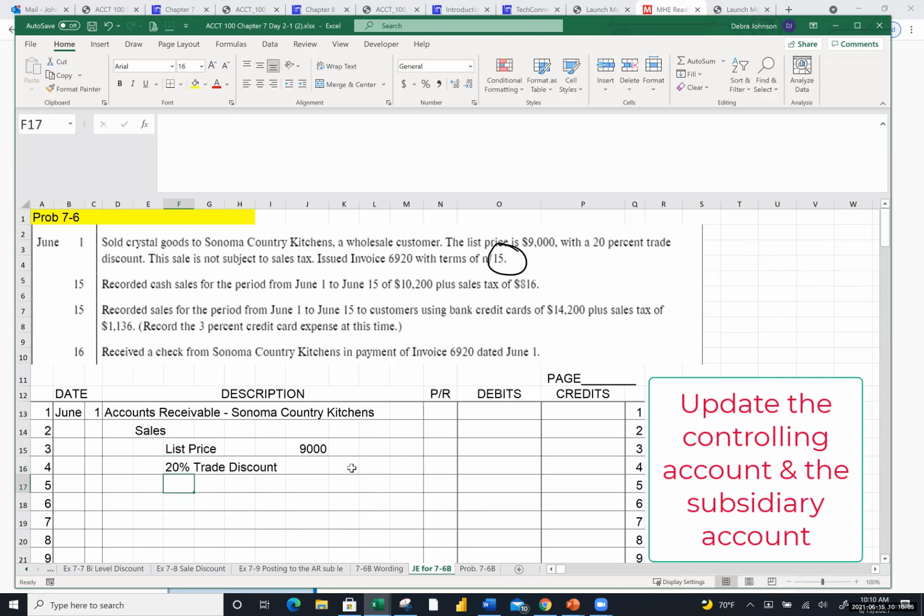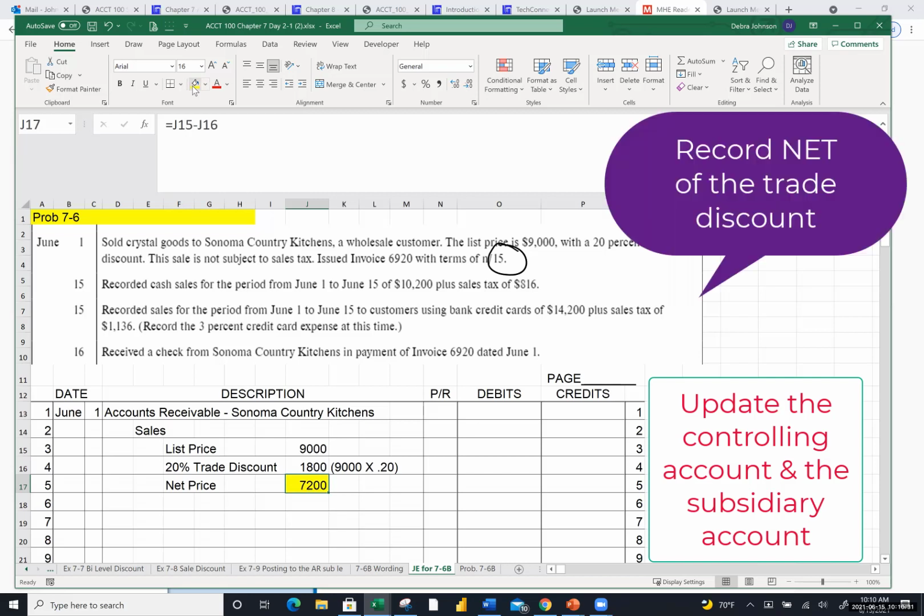So I'm going to calculate that off to the side here. 9,000 times 20%. Let me go ahead and calculate that. They're going to give me an $1,800 discount. So the net price would be the difference between those two. I'll let you compute that on your calculators.